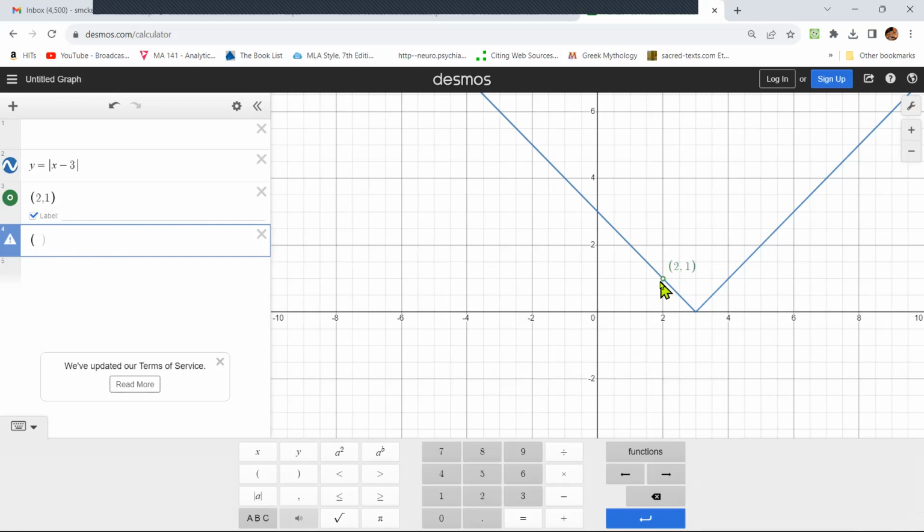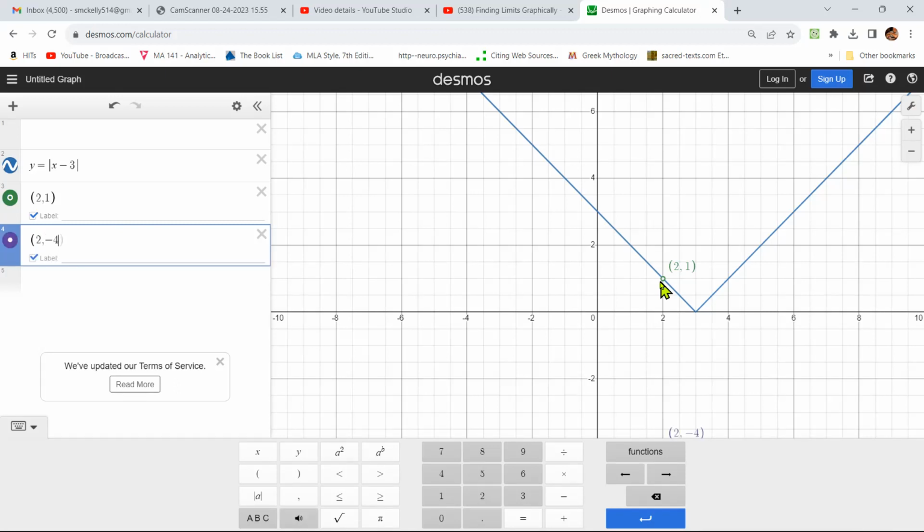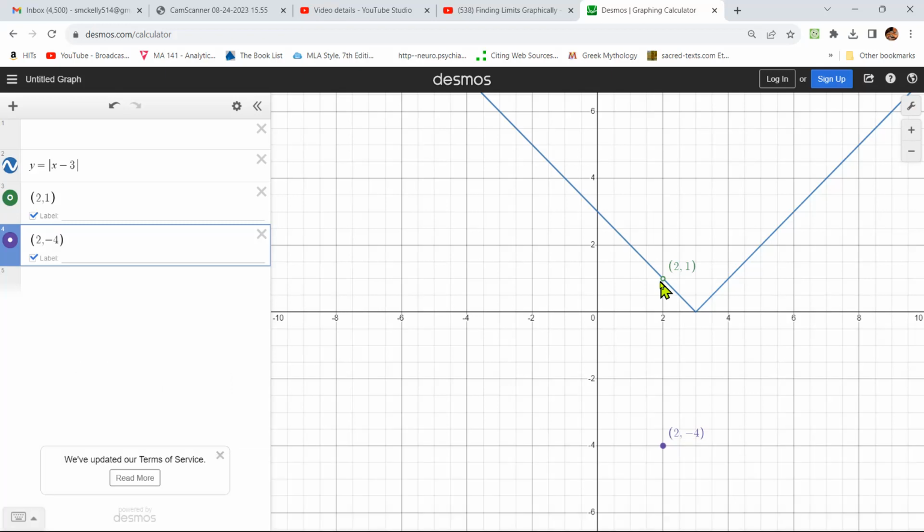So essentially, instead of being the point 2, -4, I would have to define this as 2, -1. I would have to go back and redefine this function to fill this hole.